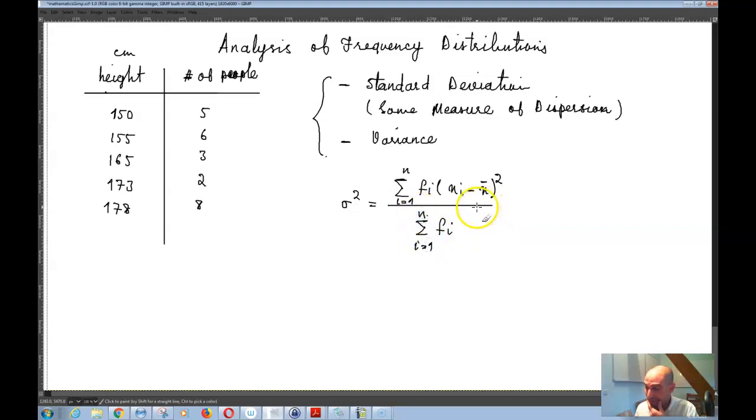And that was the mean of the square of the distances of every observation from the mean of the data. And then if you take the square root of this, that will give you sigma. So this was called variance, and this was called standard deviation.